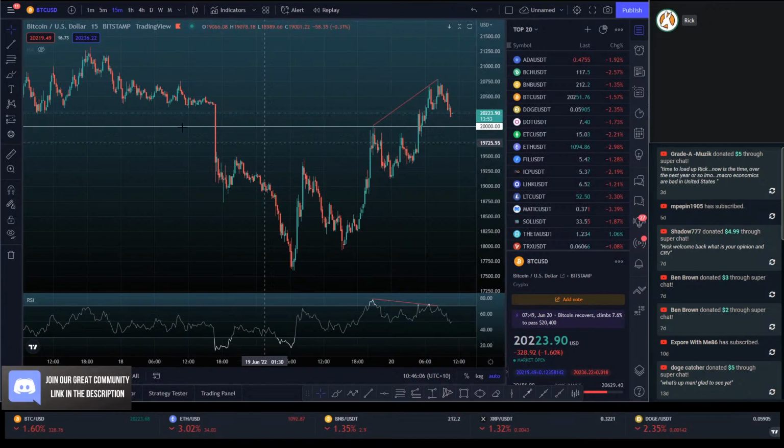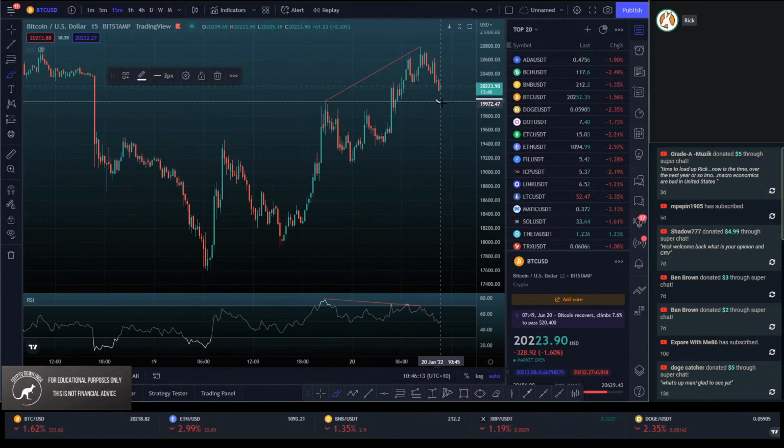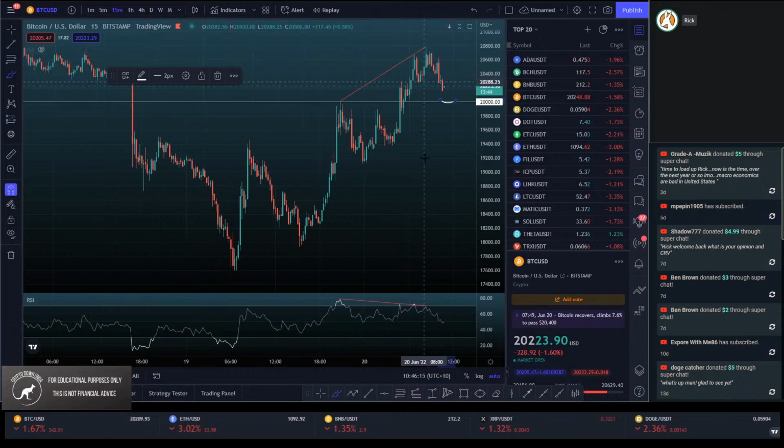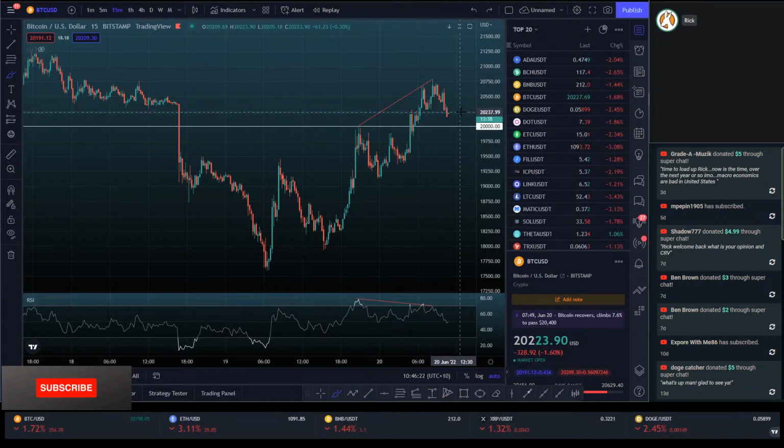So this move down, who knows how low this drop's going to go. It might find support at 20 or higher. But these signals of divergence play out more often than not.